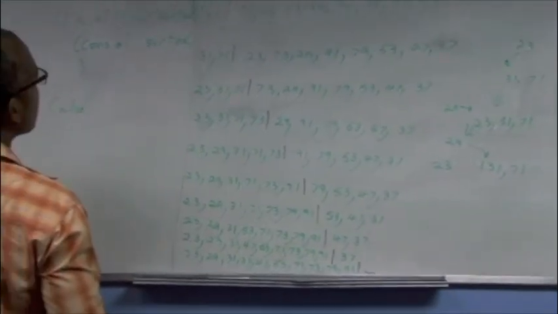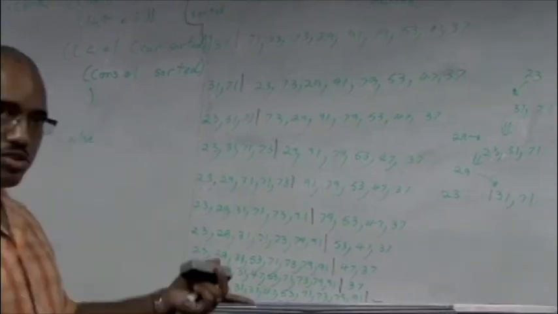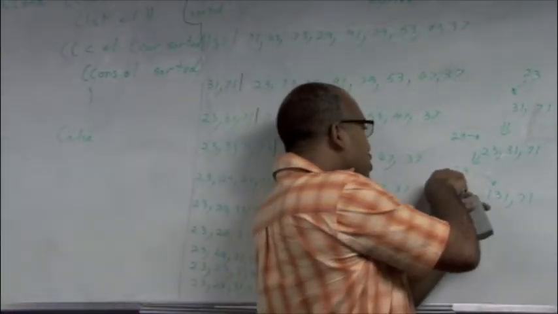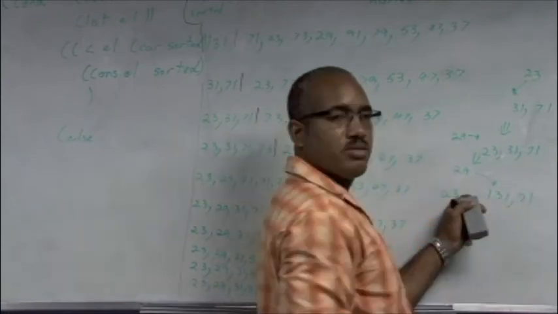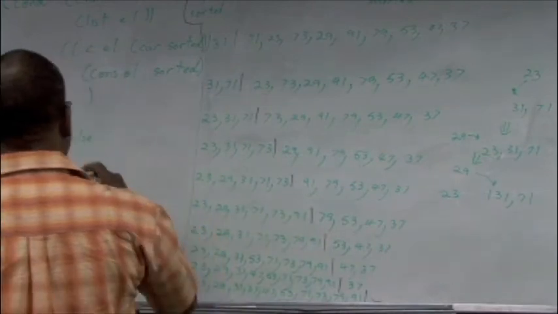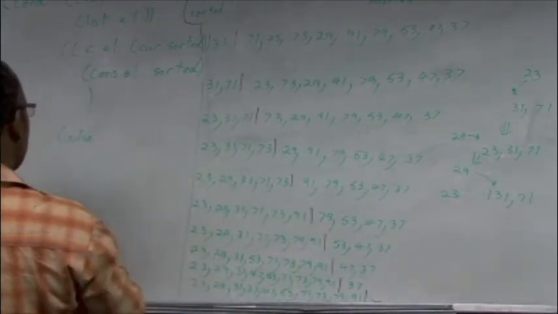Okay, so we can write the code. So we're going to then cons the first thing onto the result of inserting this into the rest of the list. So here we go. Cons.